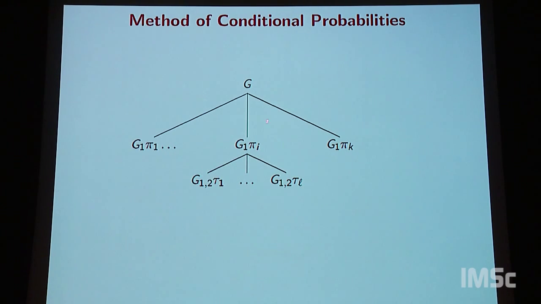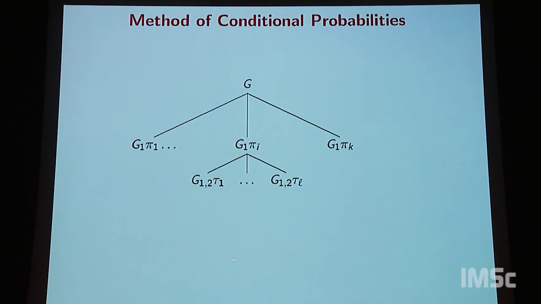So this is the method of conditional probabilities. I know here that there is a fixed point free element, and the expected value of mu of G is n minus 1. I come down to a subcoset where the expected value is at least n minus 1, and I can continue this process all the way.